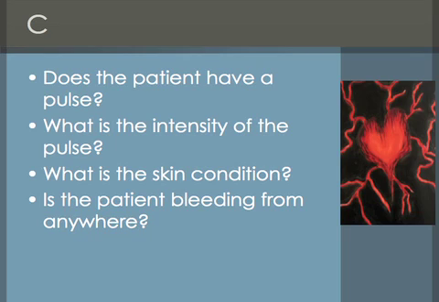Now, the difference between pediatric patients anatomically and adult patients as far as the circulatory system goes is sheer volume. A normal pediatric patient has approximately 80 cc's of blood per kilogram. So if you have a child that is 10 kilograms, then their entire total circulating blood volume is 800 cc's. That is less than a liter.